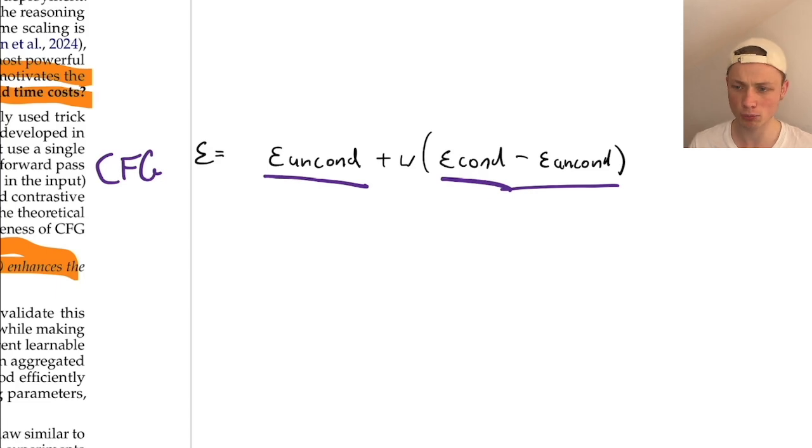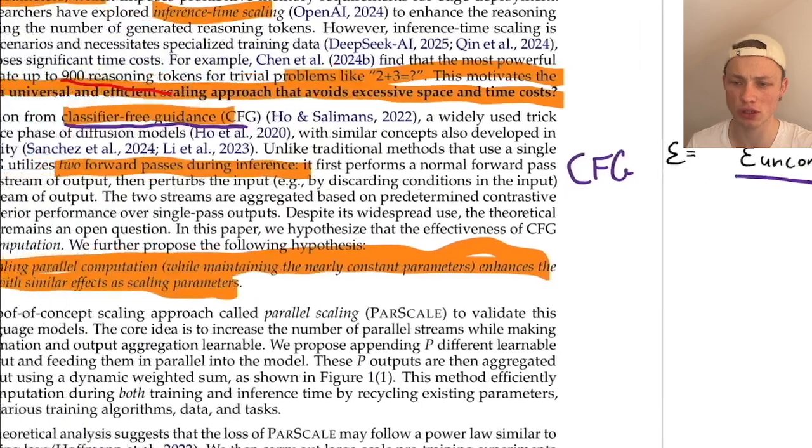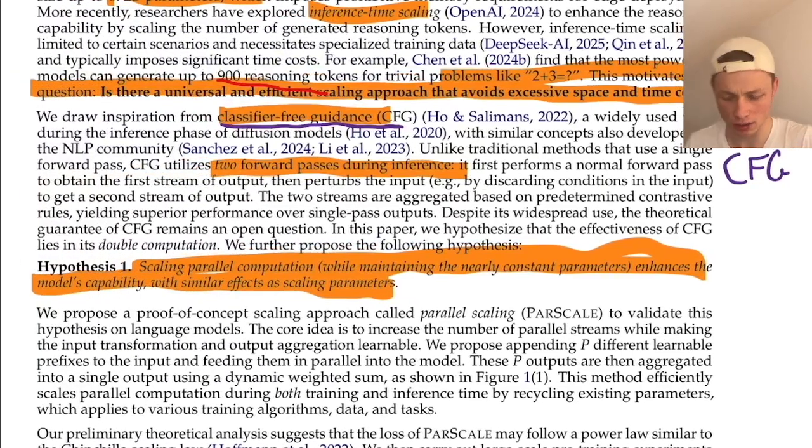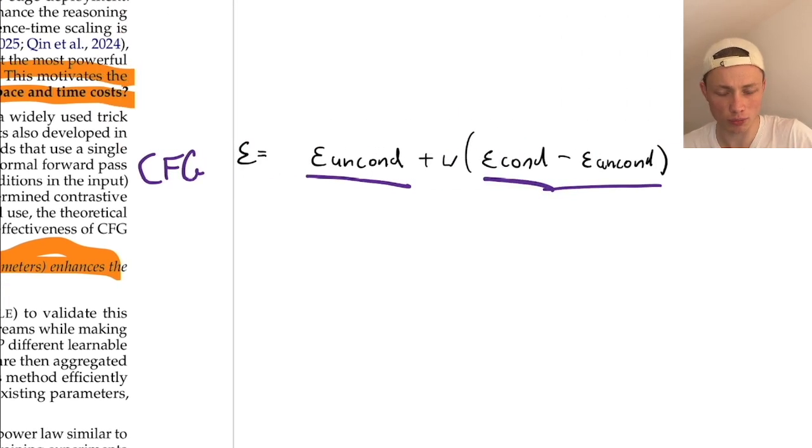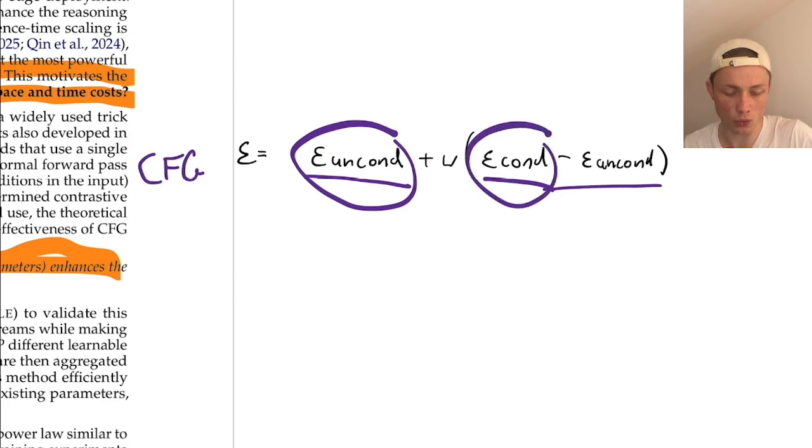If we now add this difference to the unconditioned, we get more into the way of the condition. And this worked pretty well in the diffusion models, and is also now used in the NLP community. The authors find this quite surprising, and they say, okay, it lies in the double computation because the model has two looks at the same input, so we also have two computations.